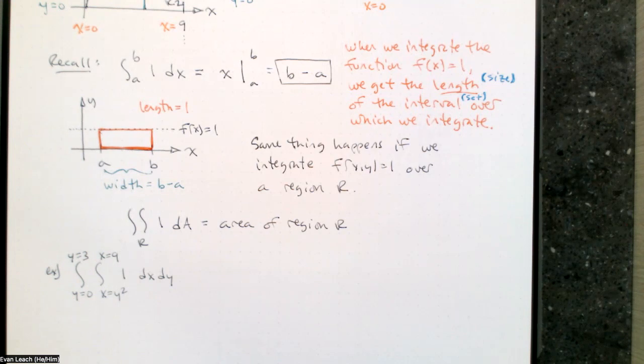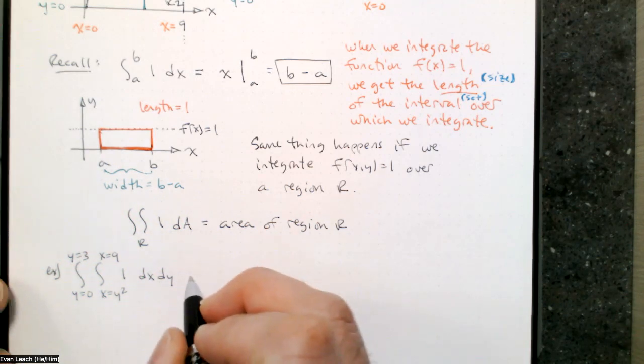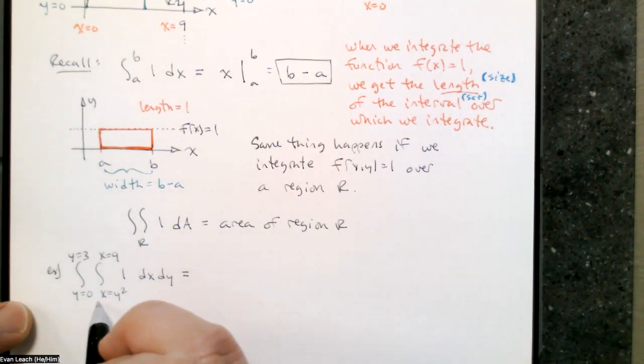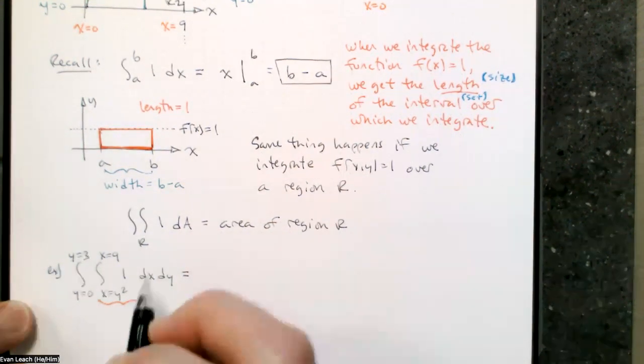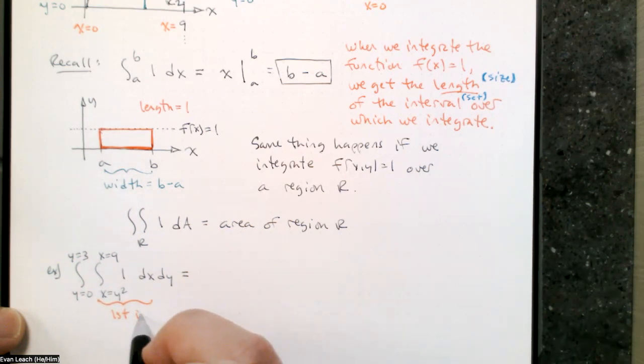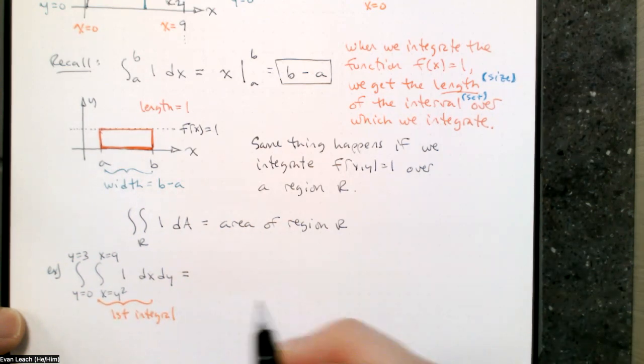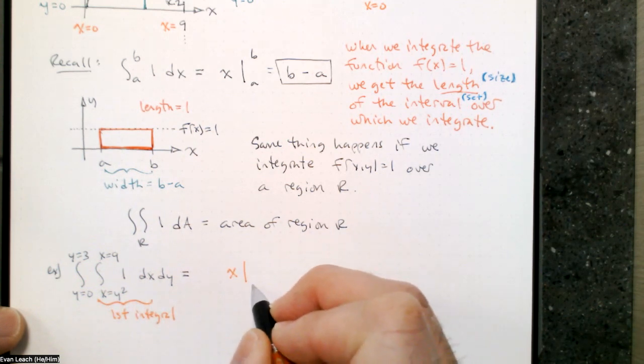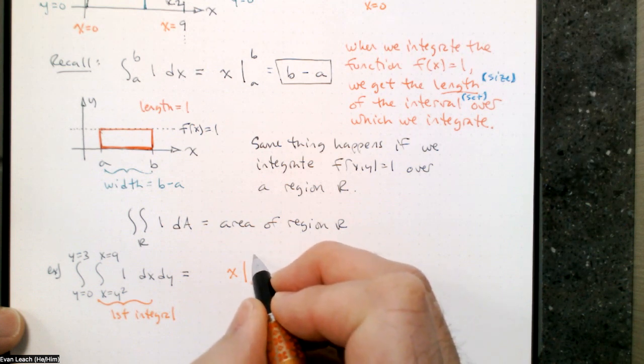So if you were thinking the first thing we should do is integrate 1 with respect to x, then that's exactly right. The first thing we're going to do is the first thing that we could see happening to the 1. Integrate with respect to x from y squared to 9. So first, we're going to take care of this dx integral. The integral of 1 dx is x, and then we'll evaluate this from y squared to 9.